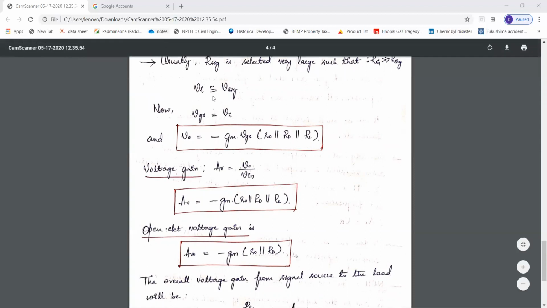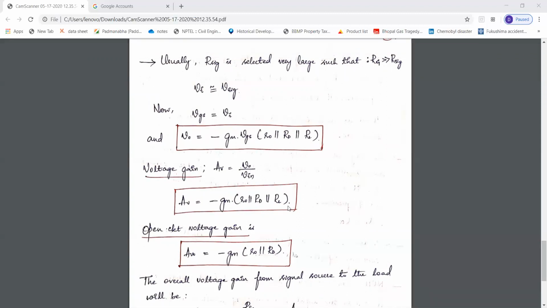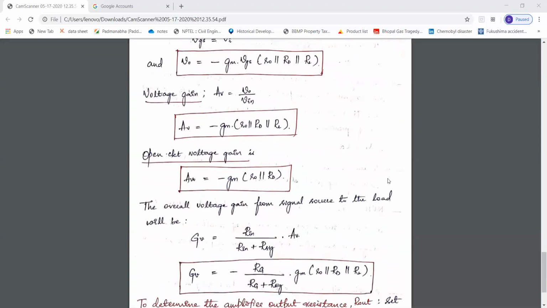So this output voltage equation is here, and input voltage Vi is equal to Vgs, isn't it? So V0 by Vgs we are supposed to do. The Vgs in the numerator and the denominator will get cancelled. So this voltage gain will be equal to minus Gm into the parallel combination of these three resistances, that is R0, Rd and RL.